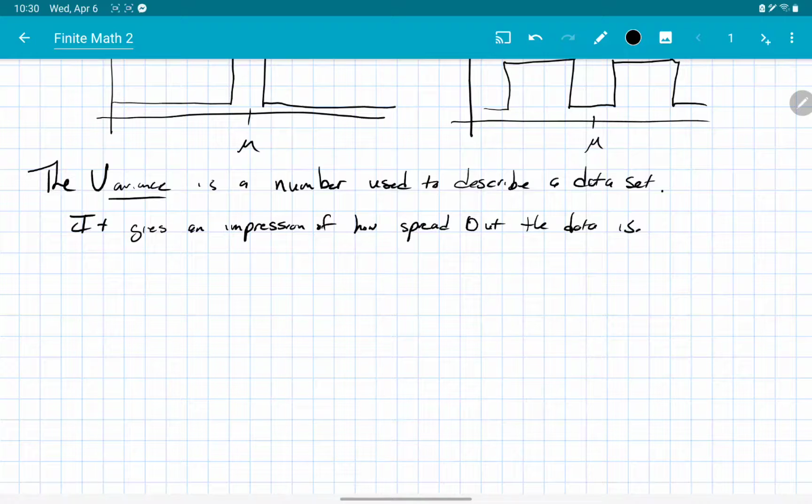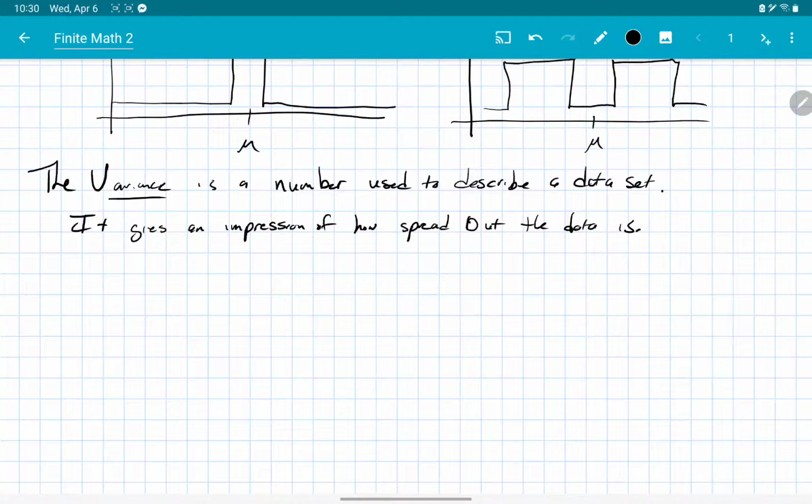Okay. So why is this a number we care about? Well, I just explained it helps us figure out how spread out the data is. But the reason why the mean and the variance are the two most important numbers has to do with something called the standard normal distribution, and a theorem of mathematics called the central limit theorem.